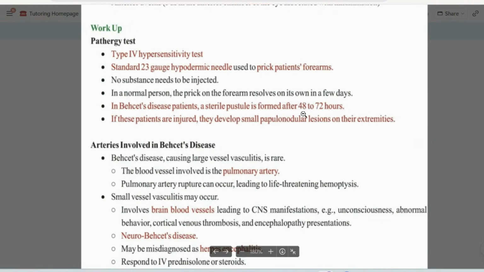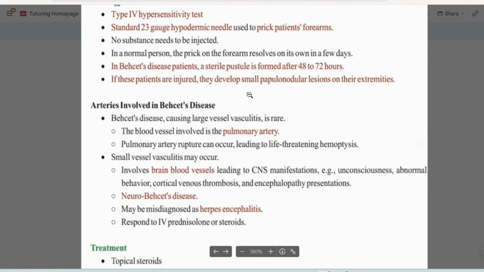But here, because of the involvement of the small vessels, you may see that there's a small pustule surrounding that punctured region. Okay, so it's a nice and enclosed space now, right? So that is a pathergy test, right? Just a simple poke can elicit this pustule formation.